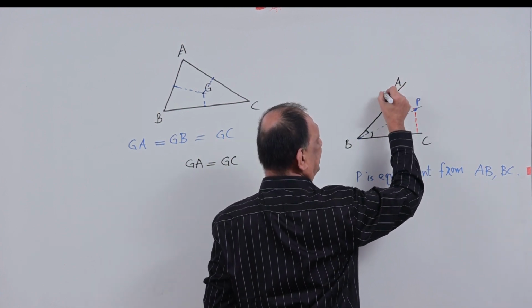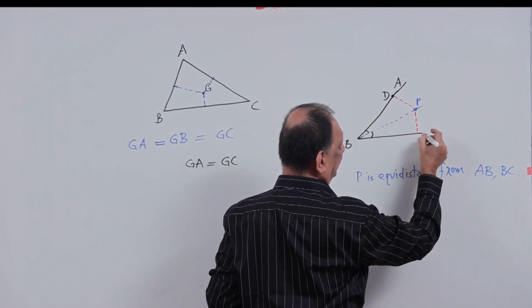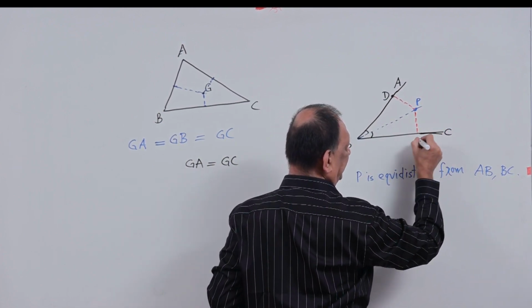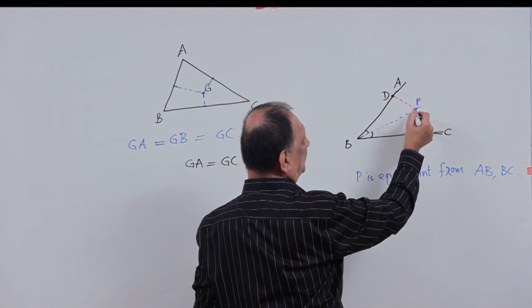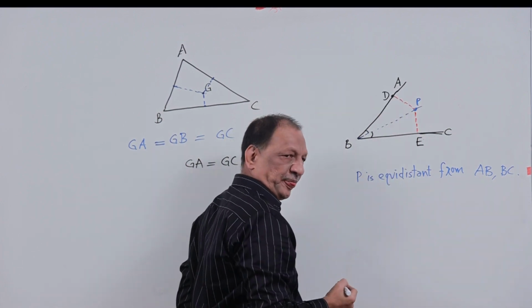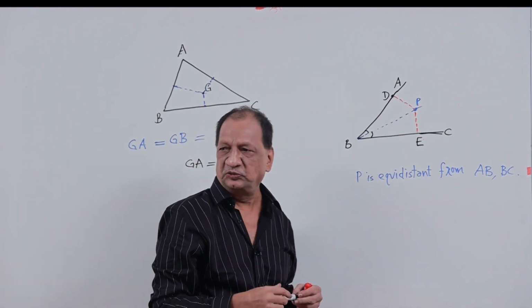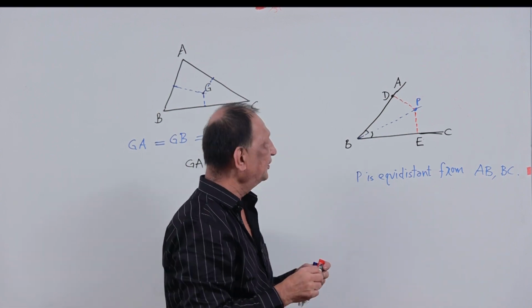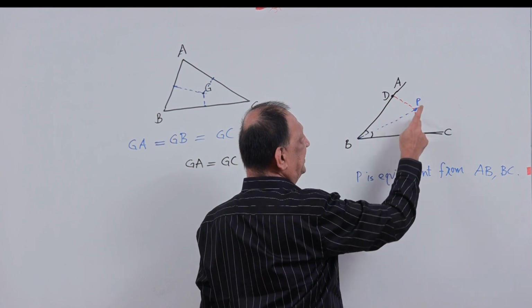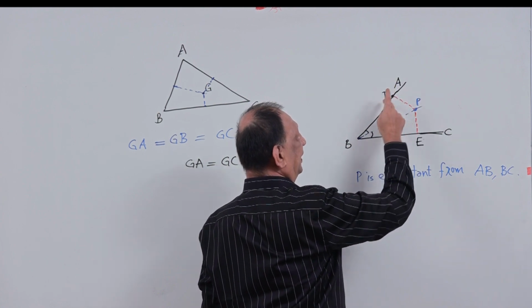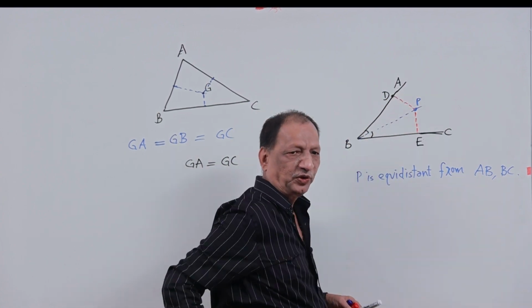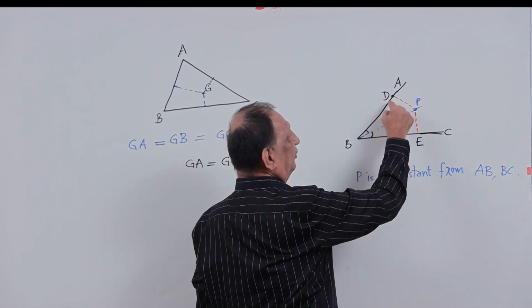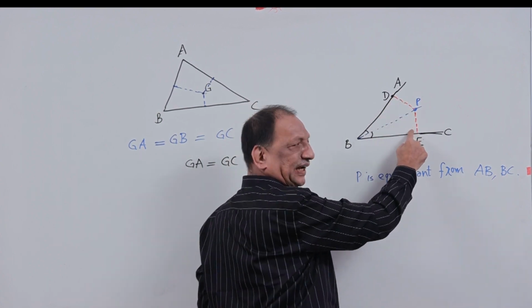You can call it D, and we can call it E. Right. So I drop the two perpendiculars, PD and PE. We have to prove that PD equal to PE, correct? How do we do that? Same. Use congruence of triangles. Now I got two triangles, BPE and BPD. I got two triangles in which one angle 90 degree, another angle 90 degree.